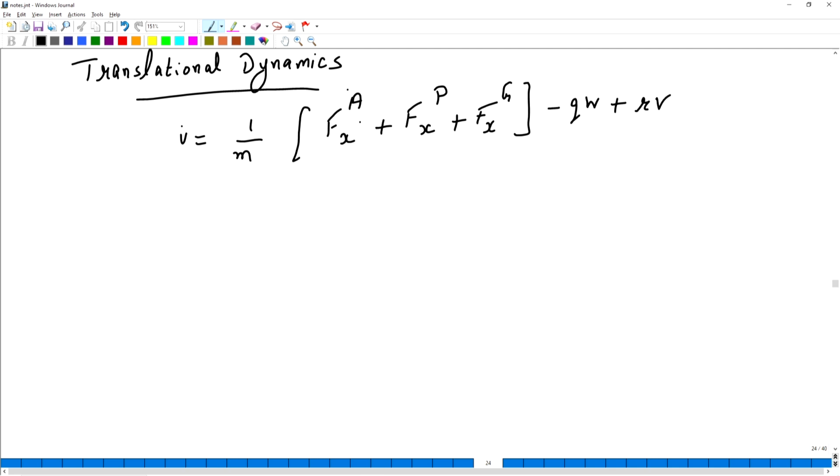Here A represents aerodynamic forces, P is propulsive forces, and G is the gravitational forces.